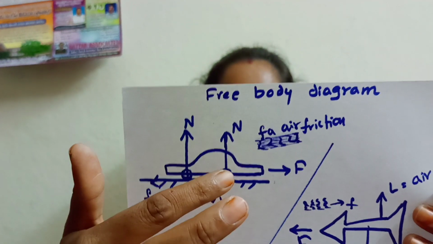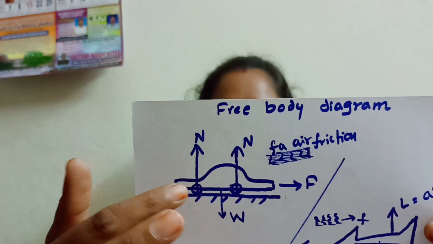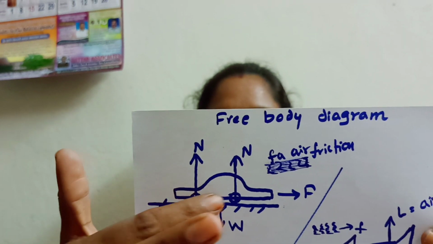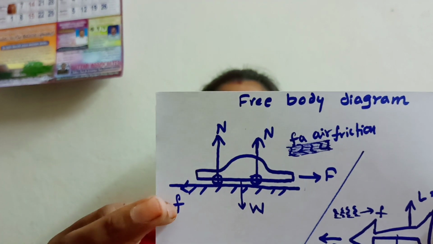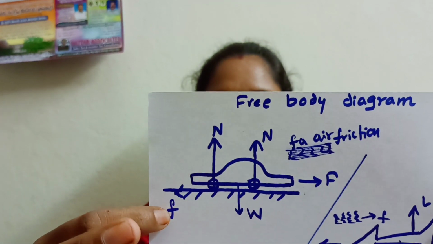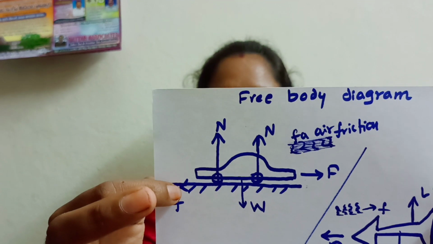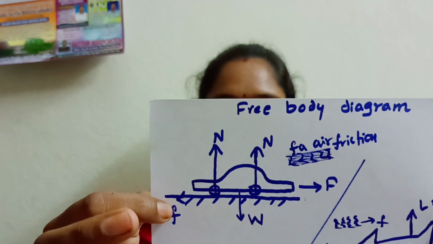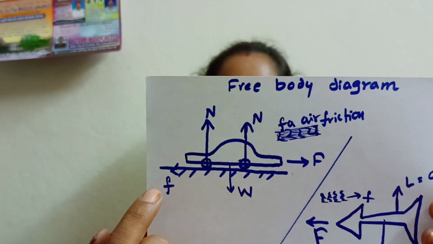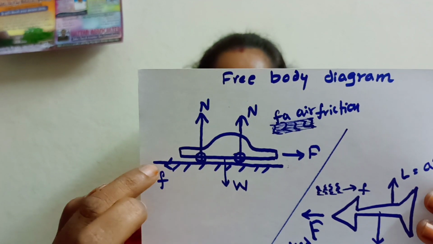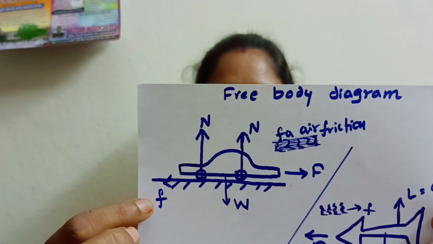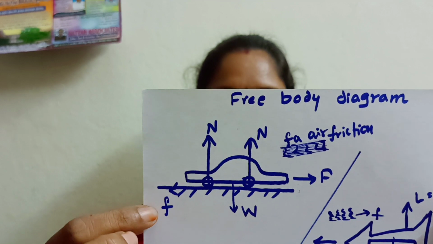Between the wheels and the road, the friction is applied, acting opposite to the applied force, the frictional force.